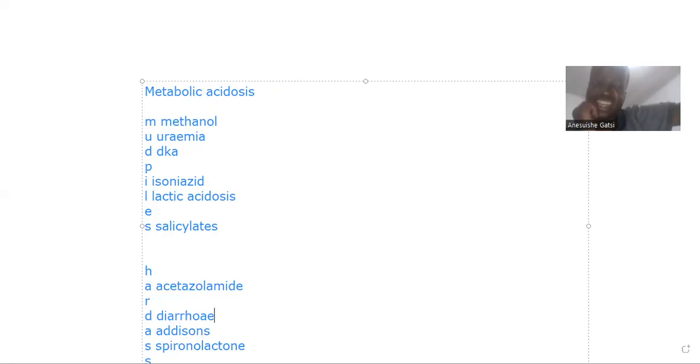Then the H and the R. R is renal tubular acidosis, mostly type 2, but any other form of renal tubular acidosis can lead to a metabolic acidosis with a normal anion gap. Right. Then H is hyperalimentation, where there is excess or more movements that are happening within your alimentary canal, right?